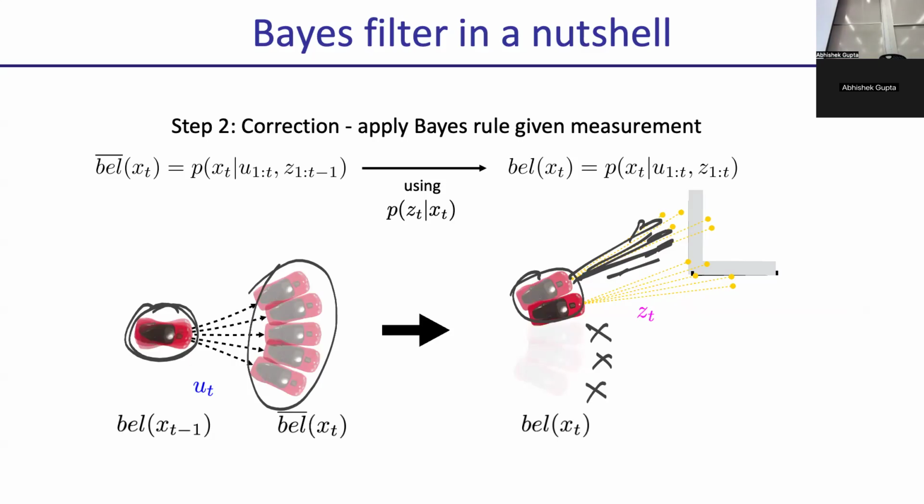But then my measurement says that, given what I saw, it's pretty unlikely that any of these things are really where I am. And so you can almost think of it as eliminating those positions, right? It's a softer version of that, but you're saying that my measurement model is inconsistent with these three positions. So I eliminate that and I refine my belief to the things that it could be, right?